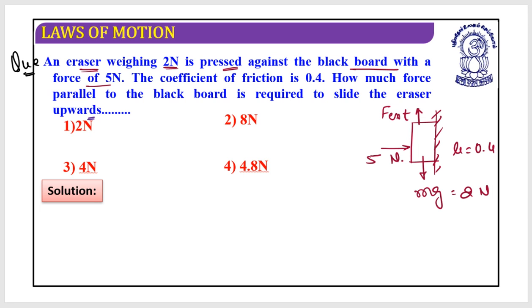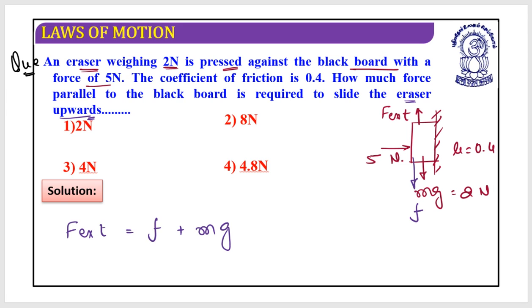So what can you do? One more thing, if F external is acting in the upward direction and you want your eraser to move upward, that means your force of friction should be acting in the downward direction. So what you want is that your F external should be equal to or greater than F plus mg.